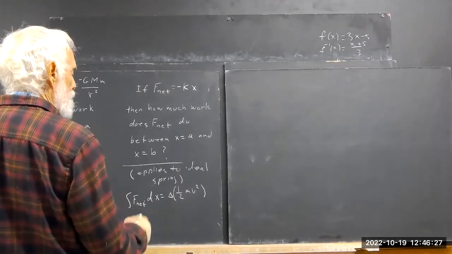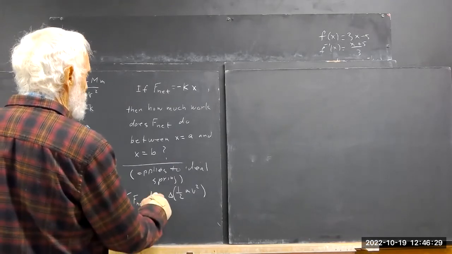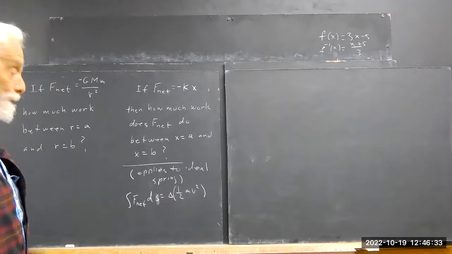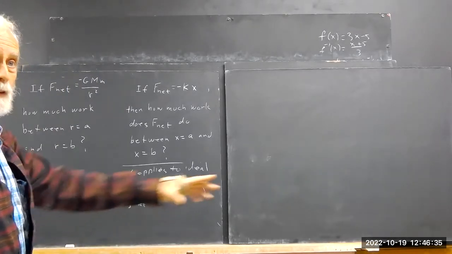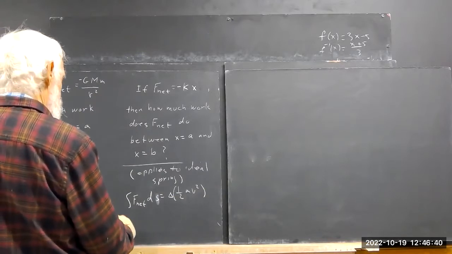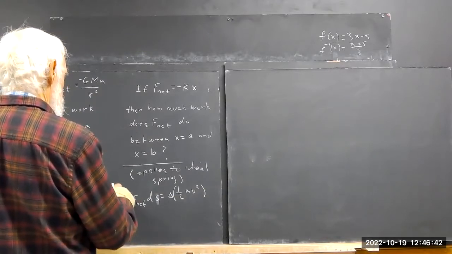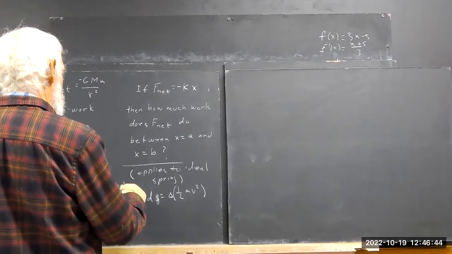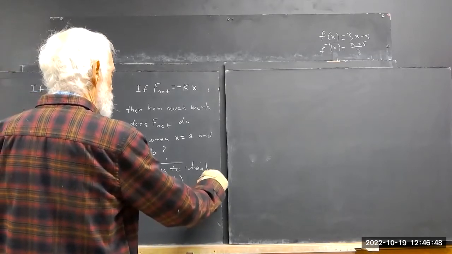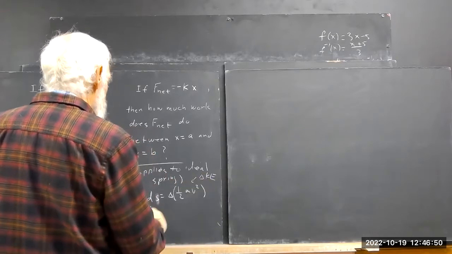Okay, so we do this now. It's actually stated as F net ds, S being whatever your position is. Here your position is X. So this is work. This is change in kinetic energy. We just want the work.